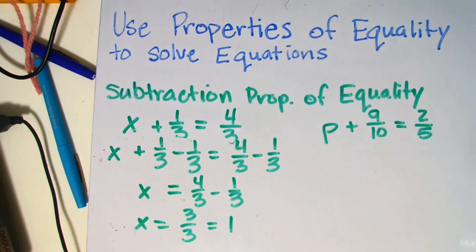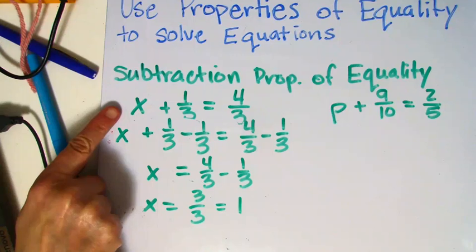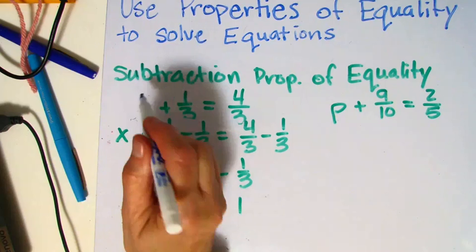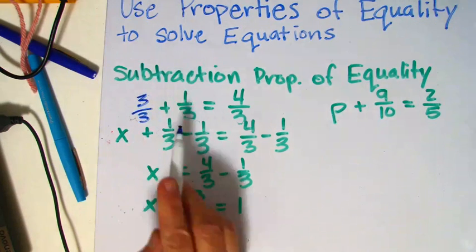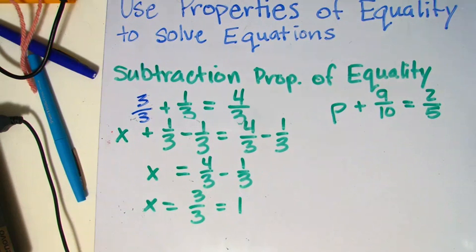It's always a good idea to plug your answer into the original equation to make sure that you did the math correctly. If I plug in 3/3 and I add 1/3, I will in fact get 4/3.